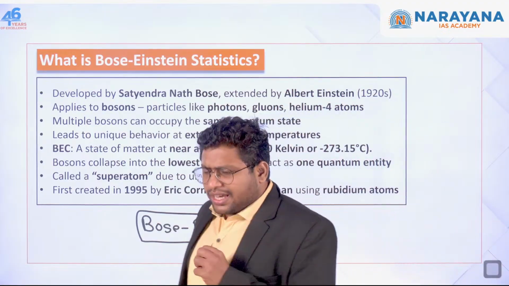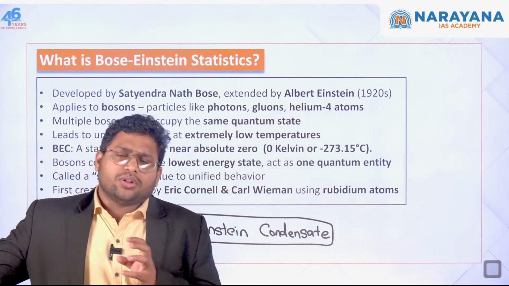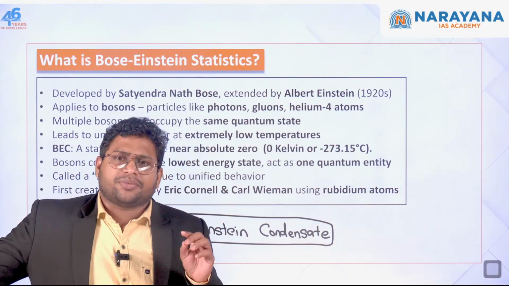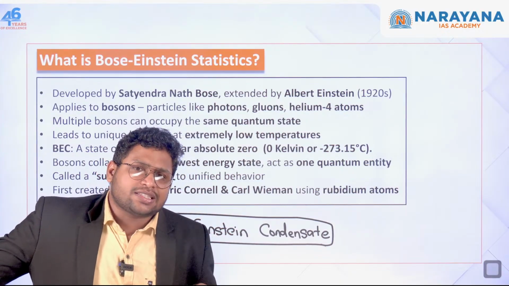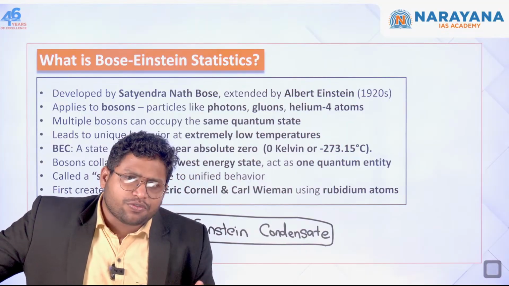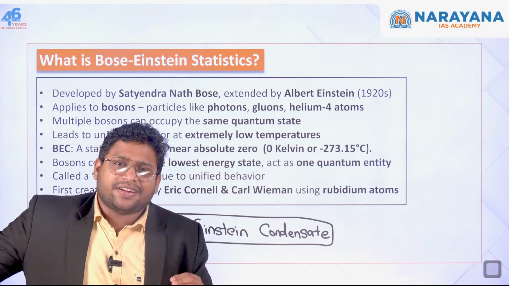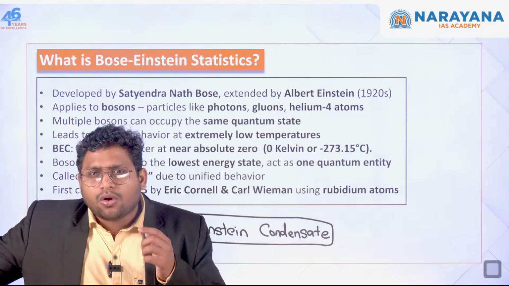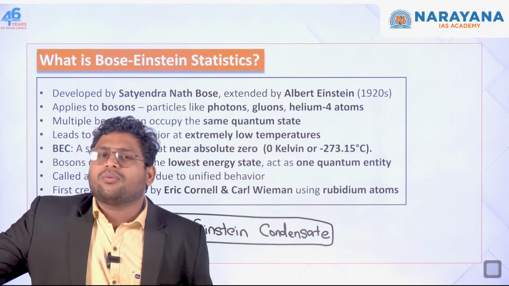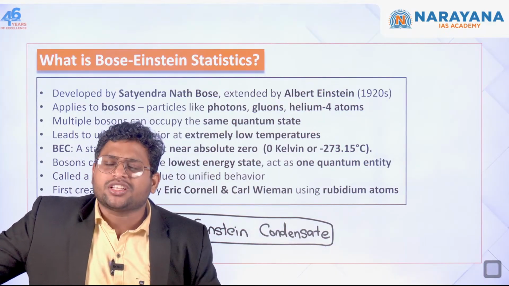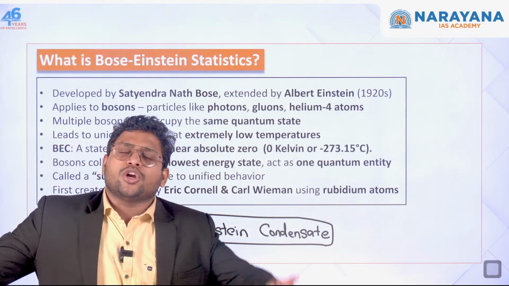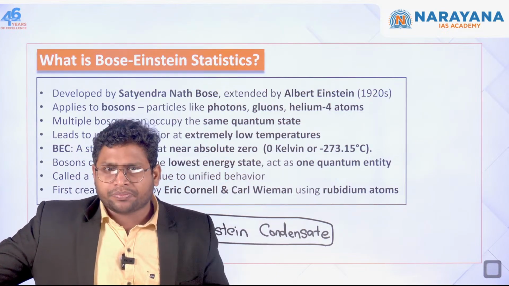When you're taking away the heat, when you're cooling it, when you're reducing the temperature, if the temperature of a gas is reduced, it becomes liquid. If the temperature of a liquid is reduced, it becomes solid. What if something is in solid form, and you keep on reducing the temperature to absolute zero?